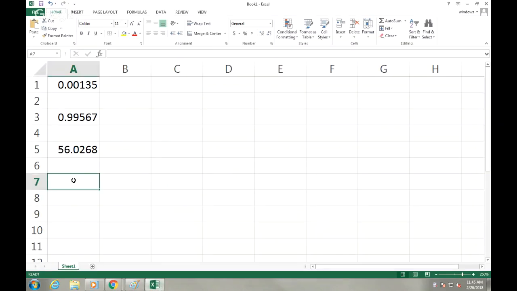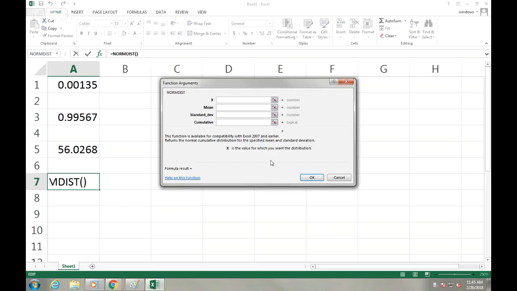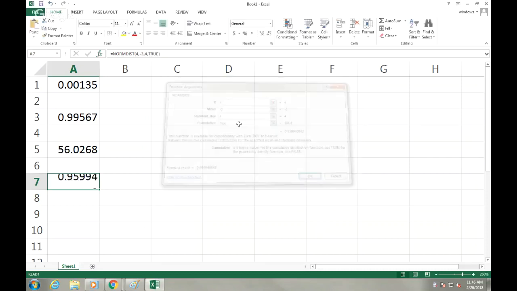So what we have to do is go in here, function key, NORM.DIST, because we've got values of x, and we're looking for an area that goes with them. My first x is going to be 4, mean -3, standard deviation 4, cumulative is always true on these normal ones.